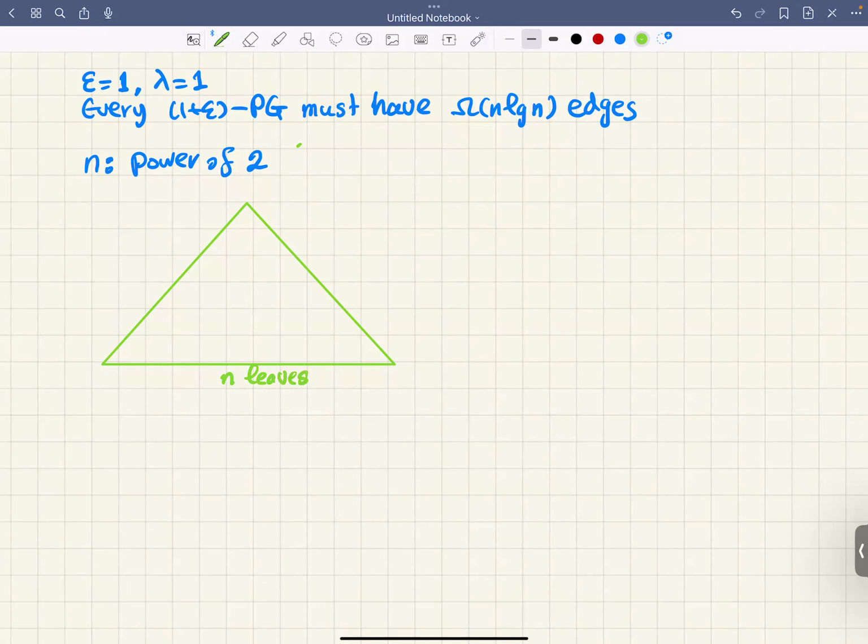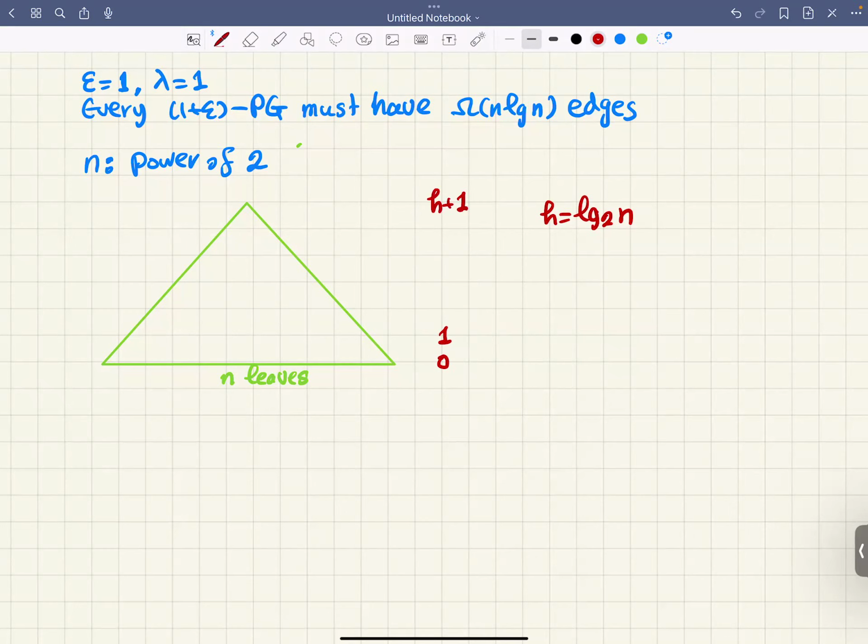If I define h to be log base 2 of n, then you have exactly h plus 1 levels. So this is level 0, this is level 1, and all the way up, and the root is standing at level h. You see what I'm saying?